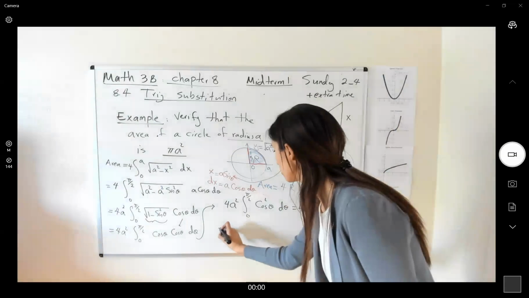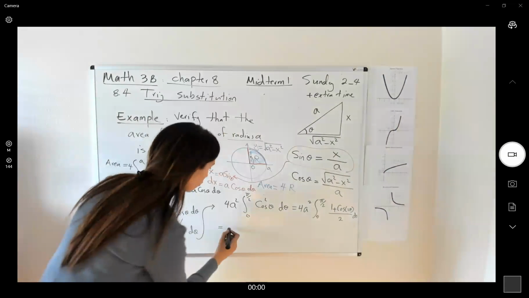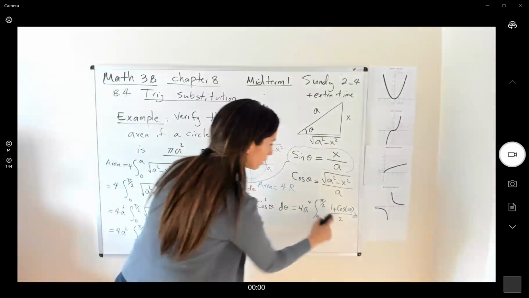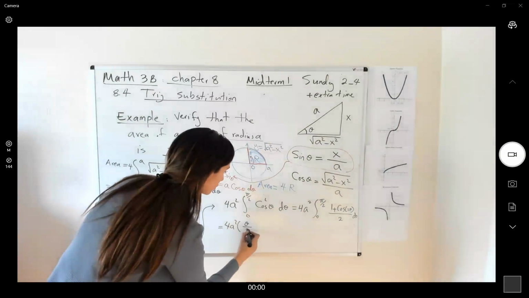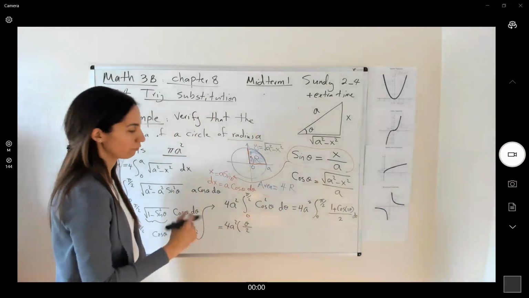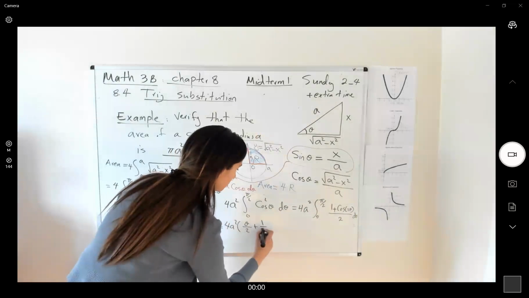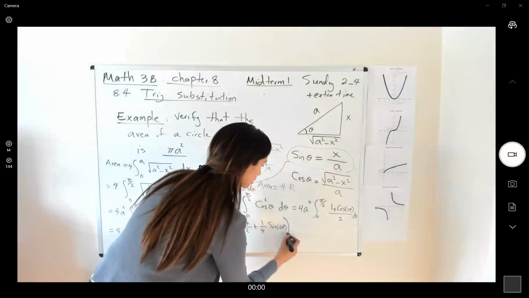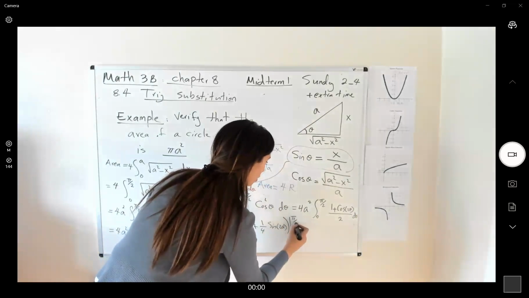This guy is equal to 4a squared. So 1 over 2, theta over 2. And here you have cosine 2 theta. You get a 1/4 sine 2 theta. And theta ranges between 0 to pi over 2.